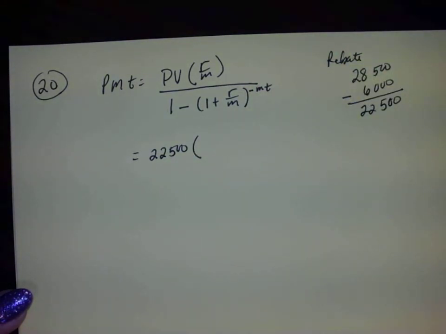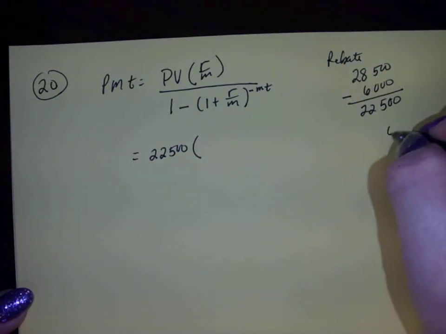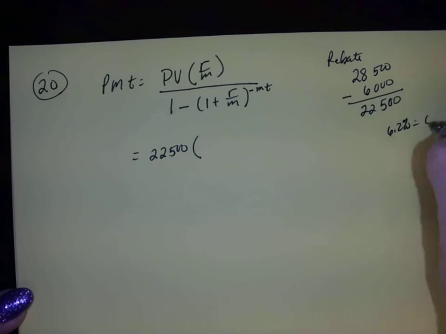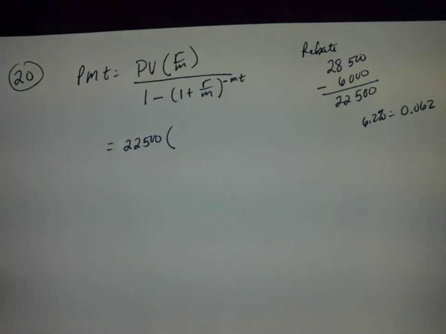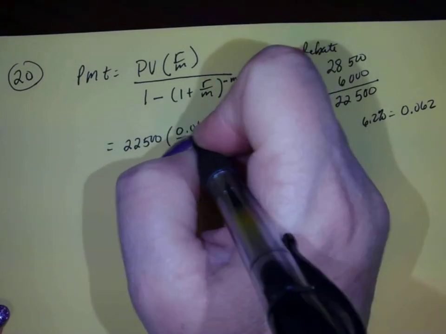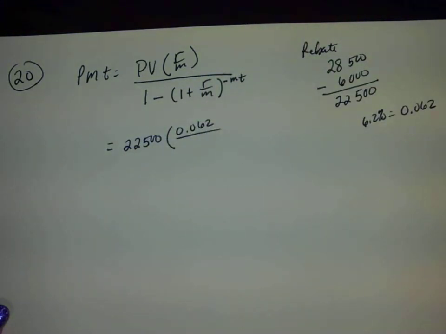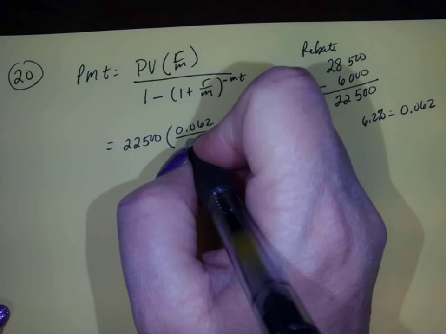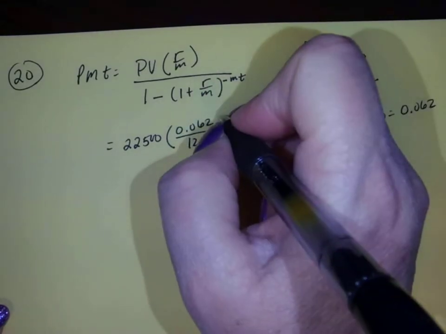Our interest rate was we have 6.2%, which will become 0.062. So we have 0.062, and we are told that it is compounded monthly. All right.